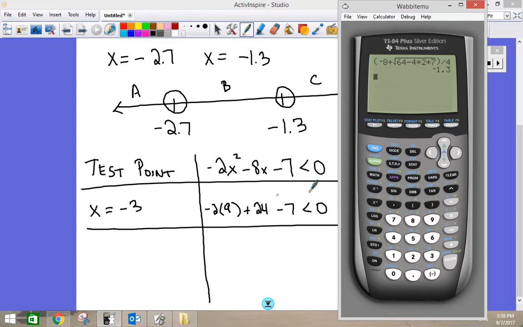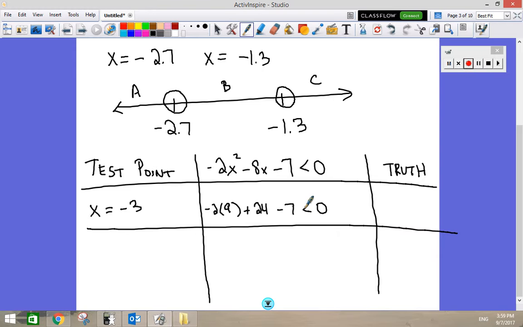So -2 times 9 is -18, plus 24, minus 7. We get a negative answer, -1, and -1 is less than 0, and that's true. So I know that I'm going to include all of the points in region A in my solution set.